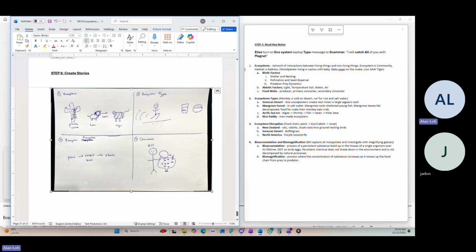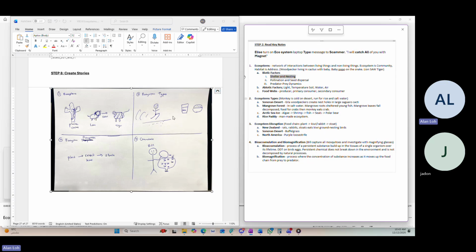The snake inside the cactus. Right. So what does it mean? It means the woodpecker that's living in the cactus with the baby, that means it is talking about the biotic factors for the shelter and nesting.